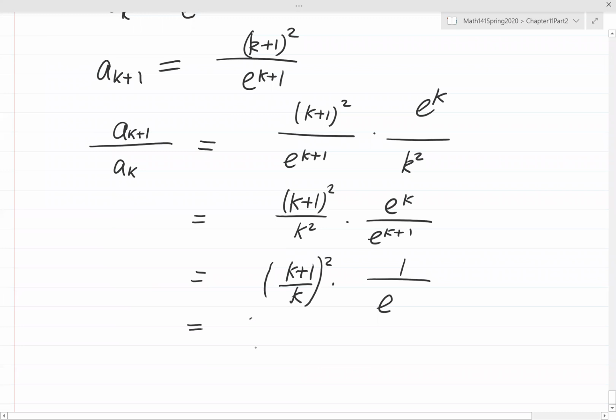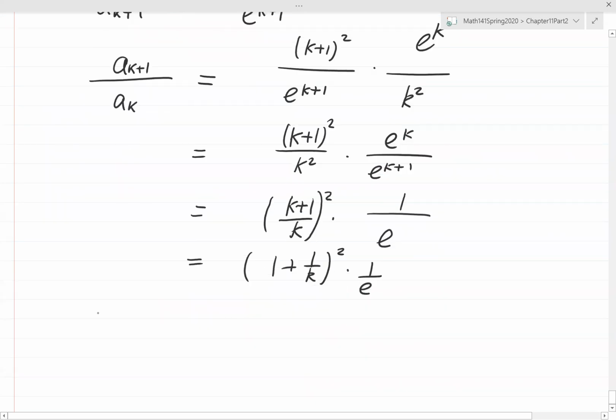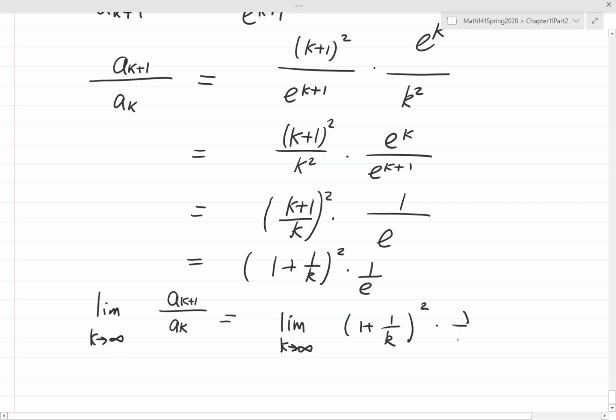Now remember, we can take limits as k approaches infinity of a_(k+1) over a_k. You can take the absolute value, but here it's insignificant, every term is positive. So it's the limit as k approaches infinity of (1 plus 1 over k) squared, multiplied by 1 over e.